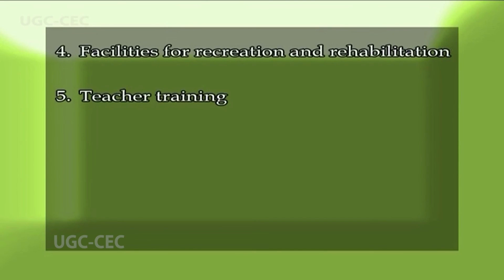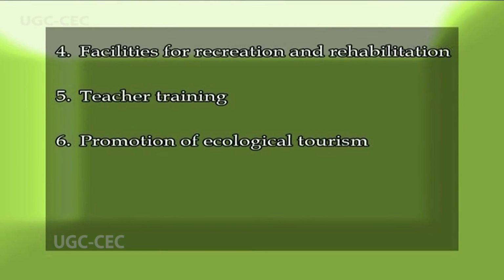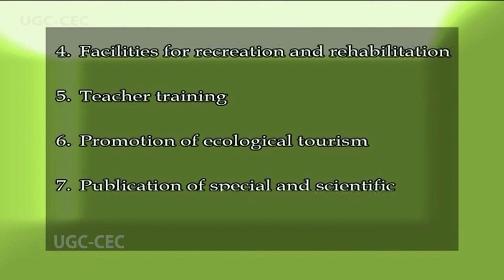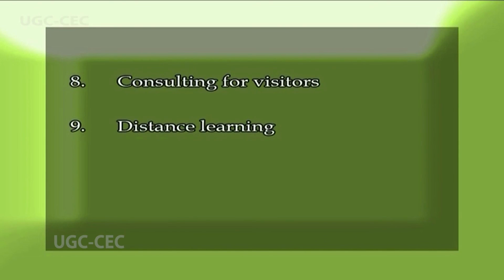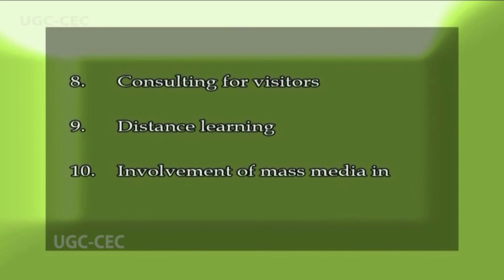Fifth, teacher training. And sixth, promotion of ecological tourism. Seventh, publication of special and scientific popular literature. Eighth, consulting of visitors. Ninth, distance learning. And 10th, involvement of mass media in public awareness promotion.